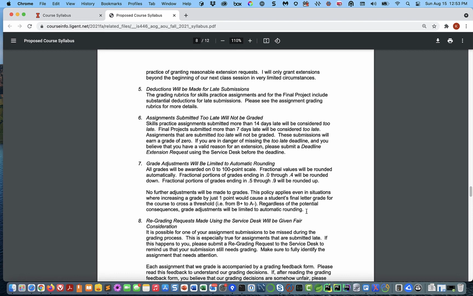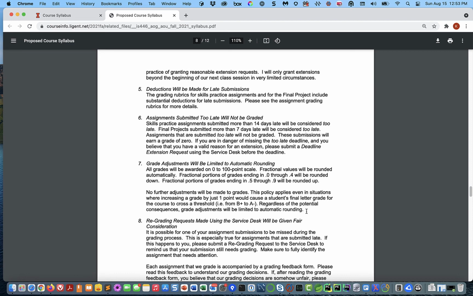Fractional parts from 0.0 through 0.4 will be rounded down. Fractional parts from 0.5 through 0.9 are rounded up. That's all the adjusting that we're going to do. So I'll tell you, I get a lot of requests from people who find out that their final grade is coming out 1 point below some threshold.